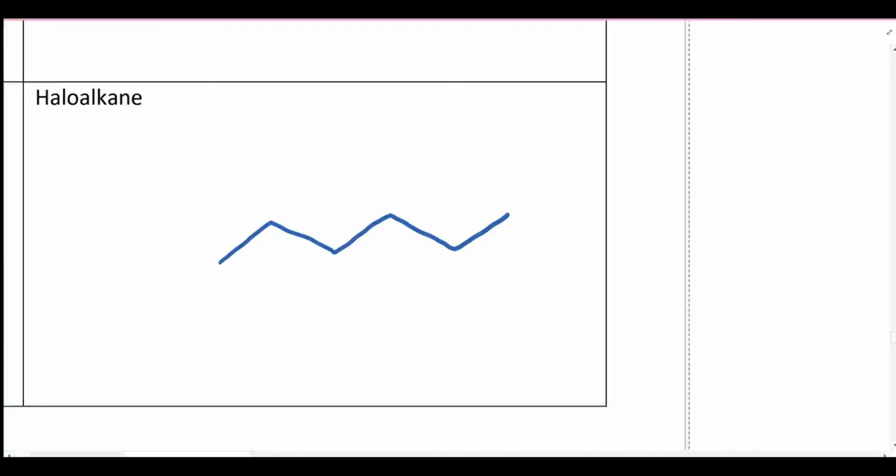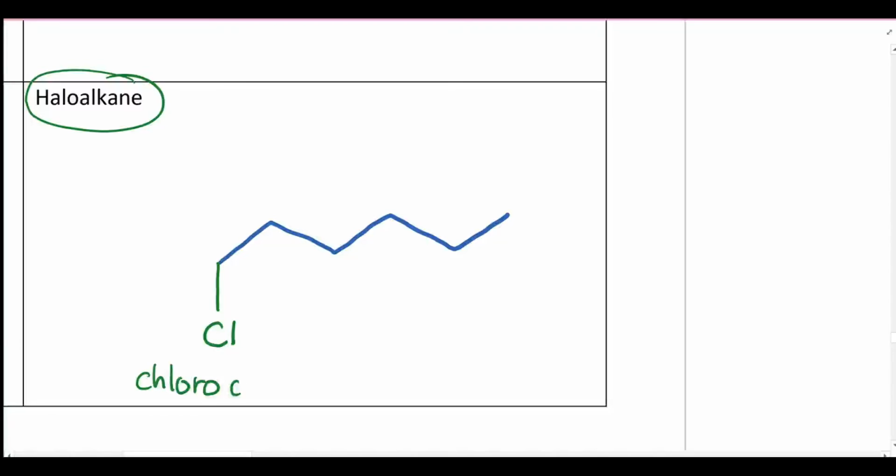I think the first is chlorine. So if it's bonded to a chlorine, it's grouped under haloalkane. This is going to be a chlorocarbon, and I want to highlight the chloro here. The next one, we can also have it bonded to a bromine.